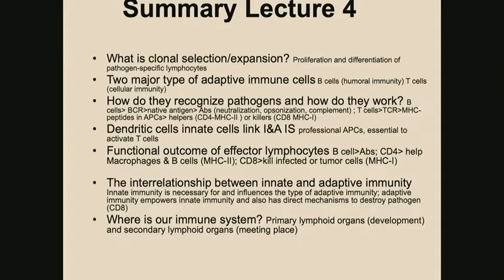Exactly, because they help other cells. They help macrophages enhance their antimicrobial activity, right? By releasing cytokines in the very intimate interaction with these macrophages. They will enhance their microbicidal activity. Excellent.